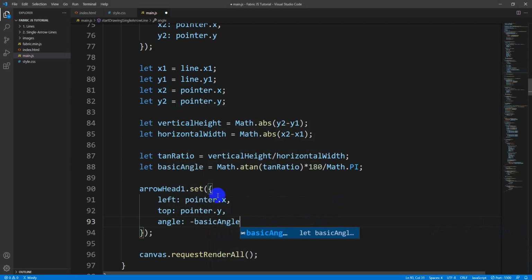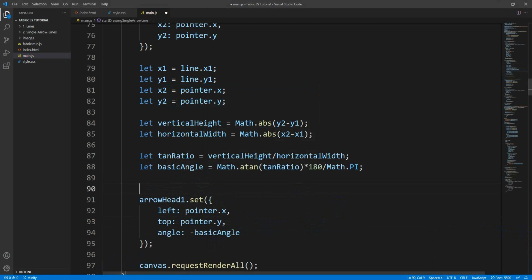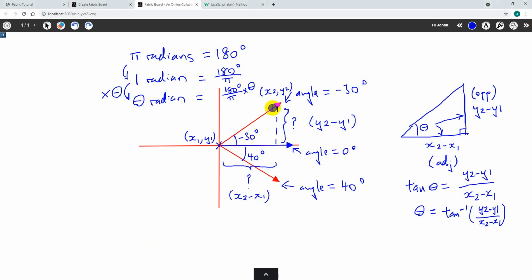Now this only occurs in the first quadrant, so we actually have to add some conditions. The condition is, when the arrow line is in the first quadrant, x2 is bigger than x1, and the y2 value is smaller than y1. Take note, as we go up higher, the value of y would be smaller than if it's lower. This is how the measurement is for an online website like this.